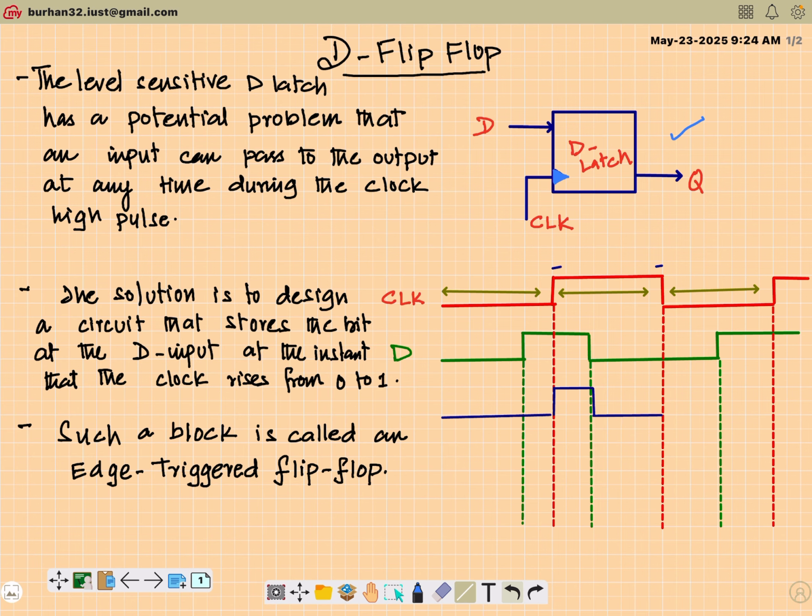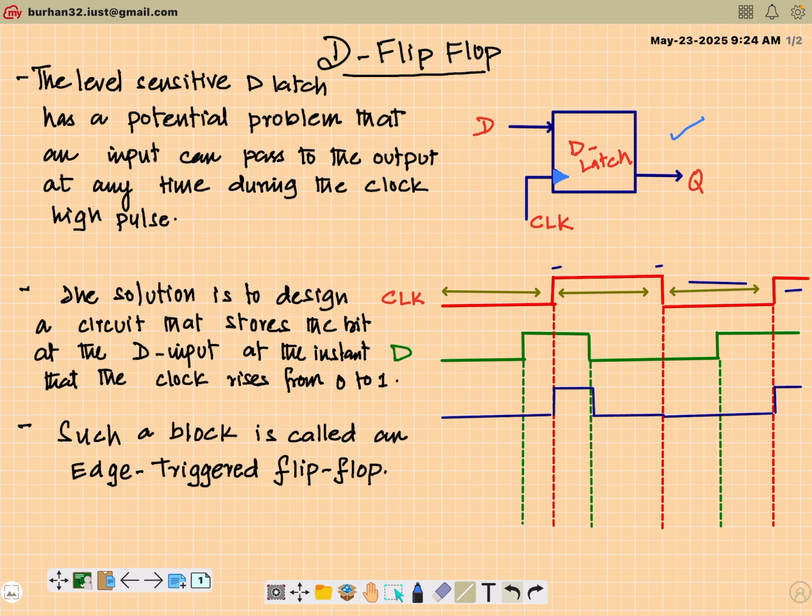Then it goes low. Then at this instant I have the low clock pulse, so it will continue to stay at this level up to this point, and there again is a high clock pulse. It will again track the input.